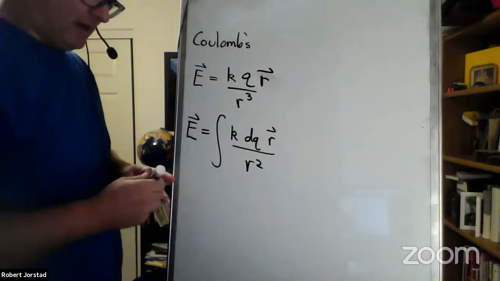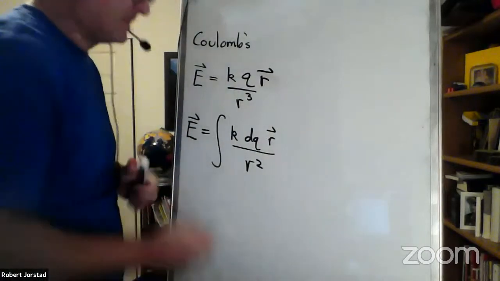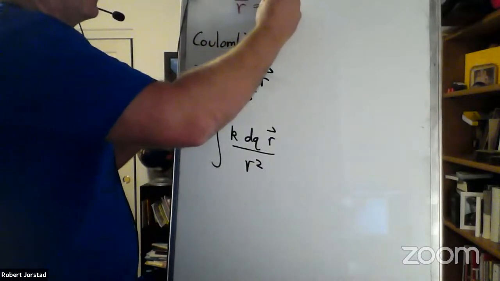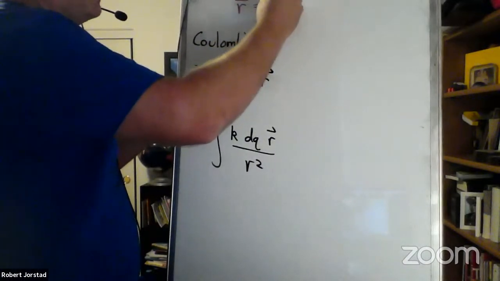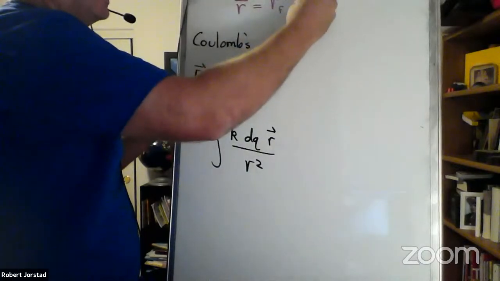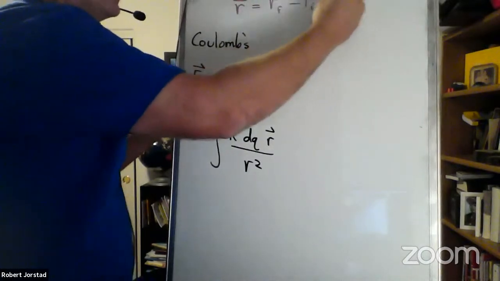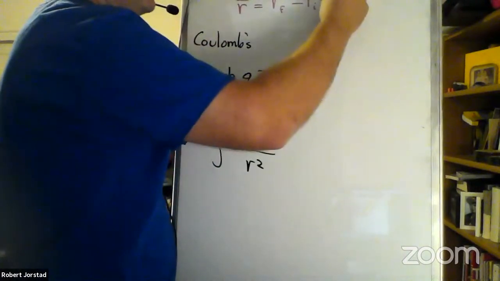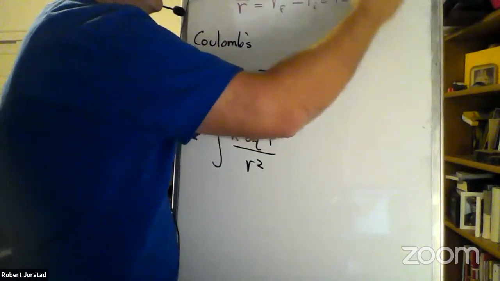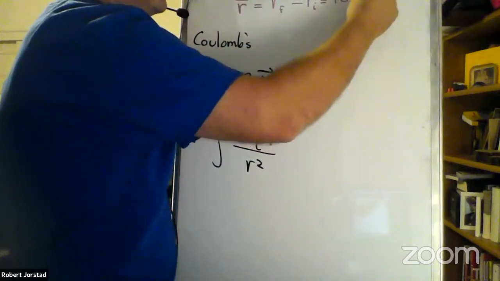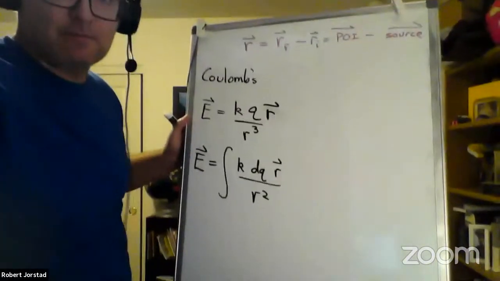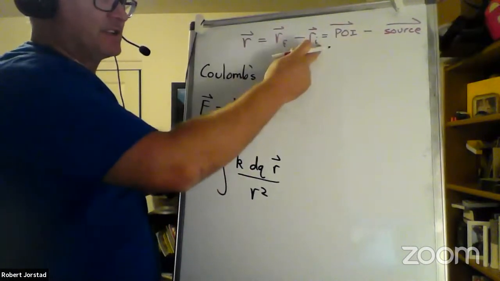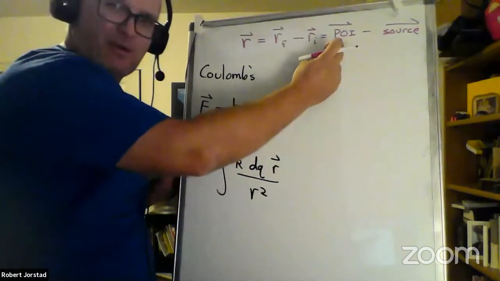For this problem, R was usually R final minus R initial, where the source was initial and the POI was final.